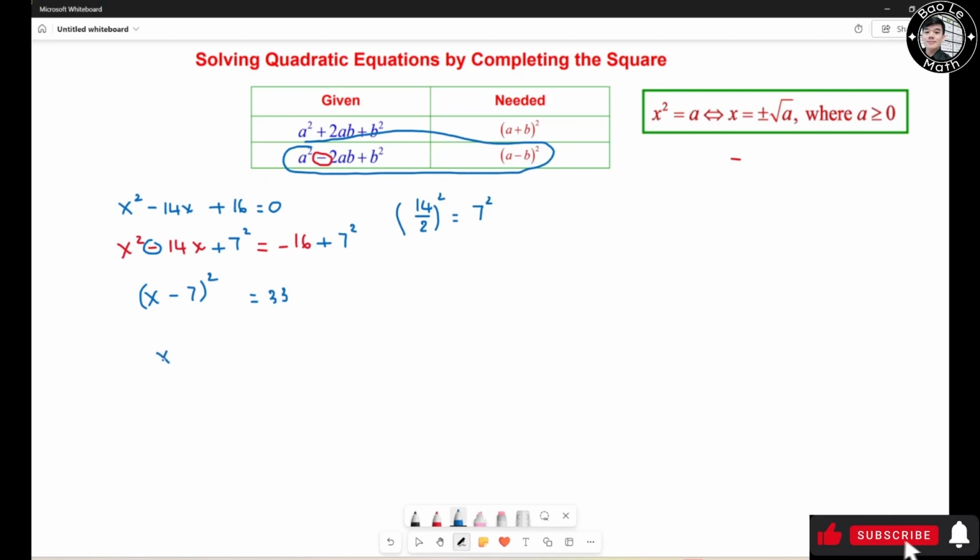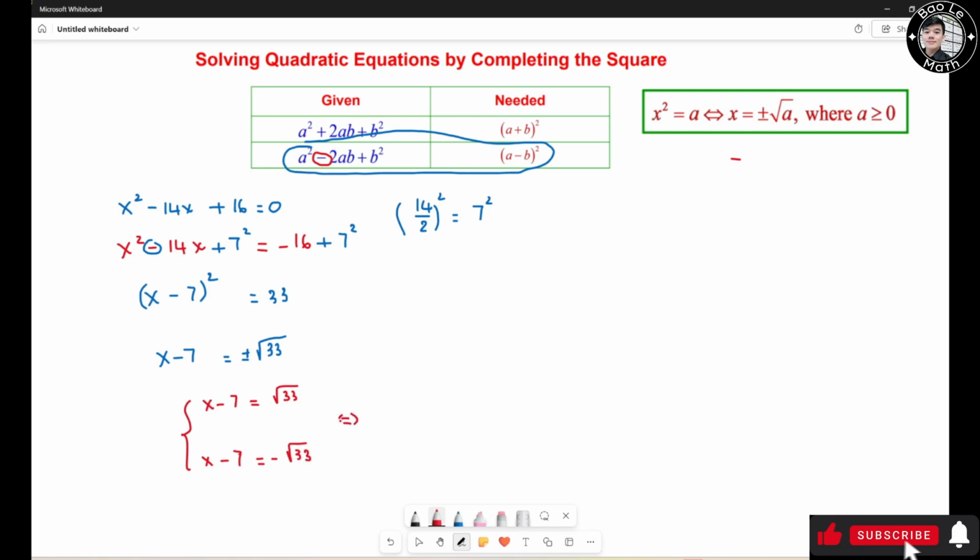So it's going to be s minus 7 equals plus and minus the square root of 33. Now, I need to split this into different cases. s minus 7 equals the square root of 33, and s minus 7 equals negative root 33.